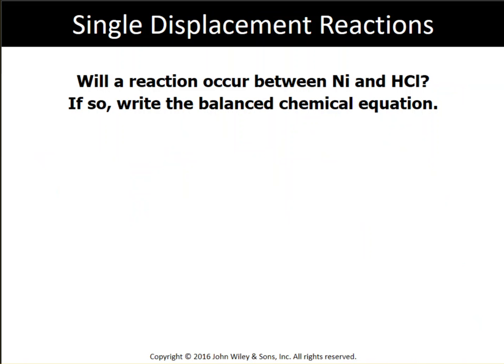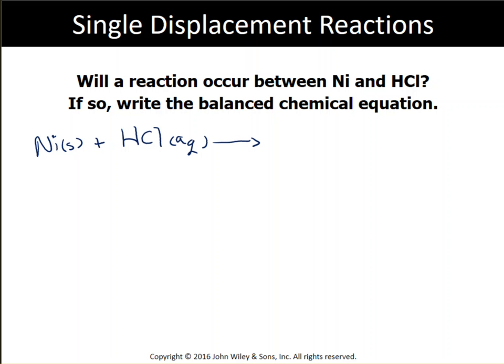So you want to know if a reaction between nickel and hydrochloric acid occurs, and if it does, what are the products? So we want to look at the reaction of nickel metal and hydrochloric acid and see if this reaction takes place or not.